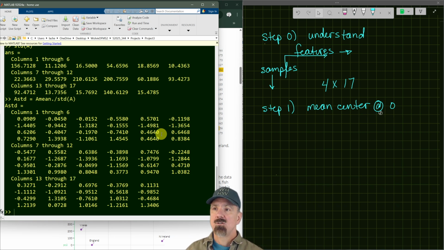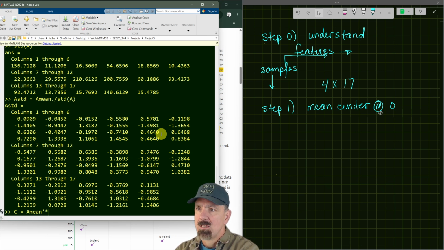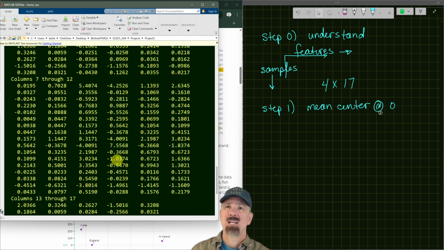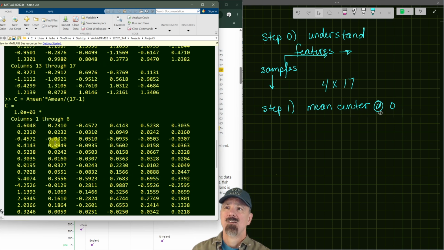And then what do we need to do? We need to build that covariance matrix, right? So we talked about this. C is going to be, with the mean centered data, A transpose times A, and then we divide by the number of observations minus 1, which in this case is 17 minus 1. And what we're going to end up with then is a 17 by 17 matrix, which is our covariance matrix.